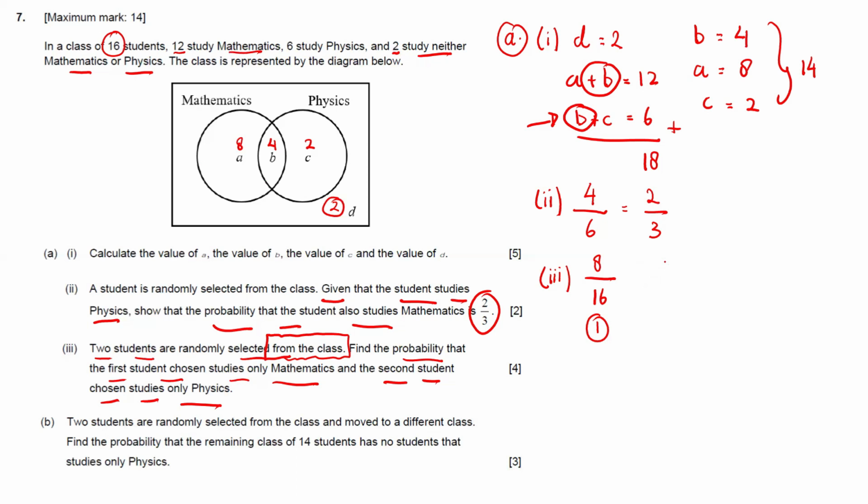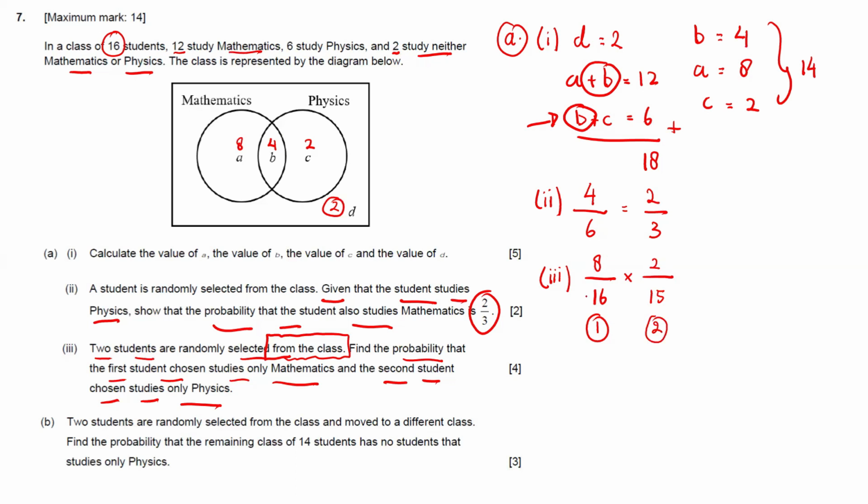Now, since these are 2 different events, meaning that we are using multiplication. So right here, the second one is out of 15. We want to get the students who study only physics, meaning it's only 2 right here. So again, 8 out of 16 is the student who studies only mathematics.